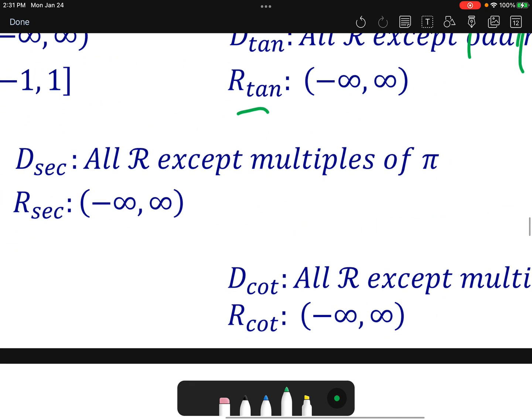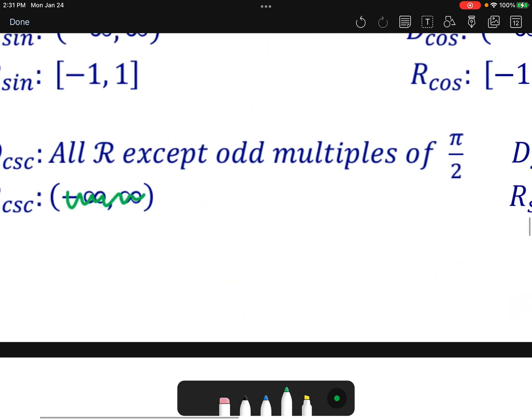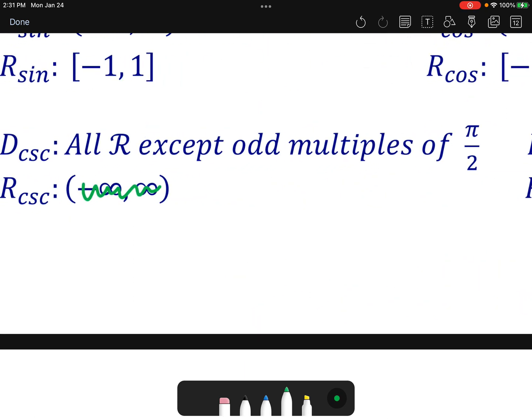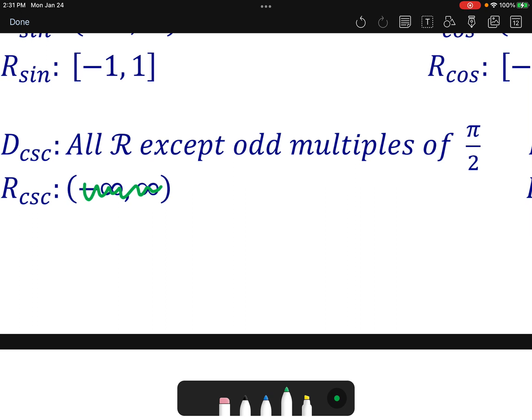Wait a minute, secant. There we go. Except multiples of pi, that's secant. Wait a minute, I might have these all typed up wrong. What'd I just find? Cosecant, all reals except odd multiples of pi over 2. Let's see. The sine of pi over 2 is 1.